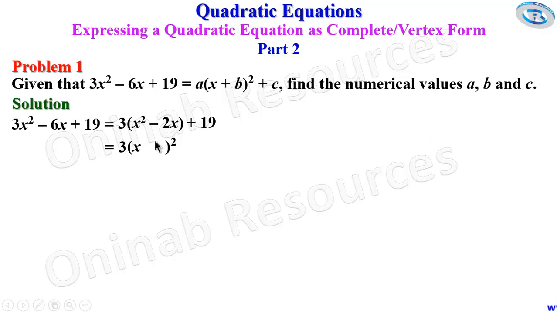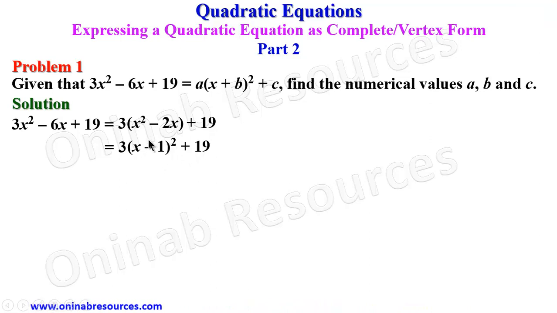And what goes inside this bracket with x is we pick the coefficient of x, which is negative 2. We divide it by 2, and that gives negative 1. The division of the coefficient of x by 2 is the method. So you always divide by 2, and that will give us negative 1 inside the bracket, then plus this 19.